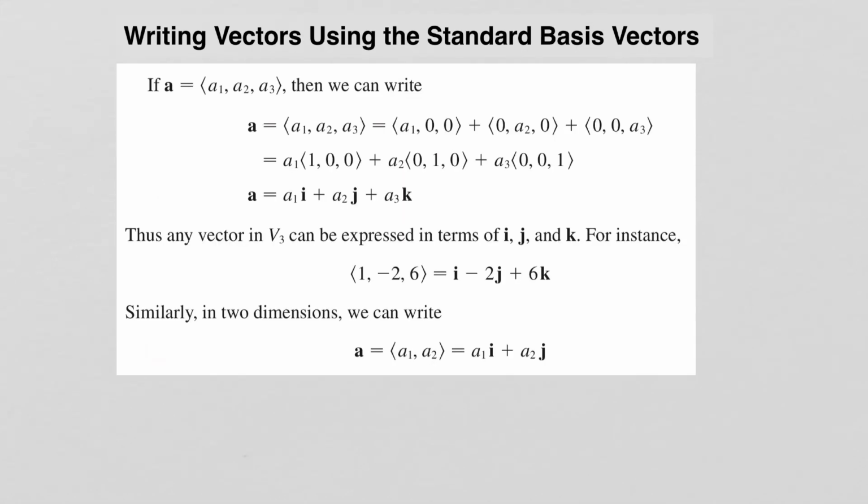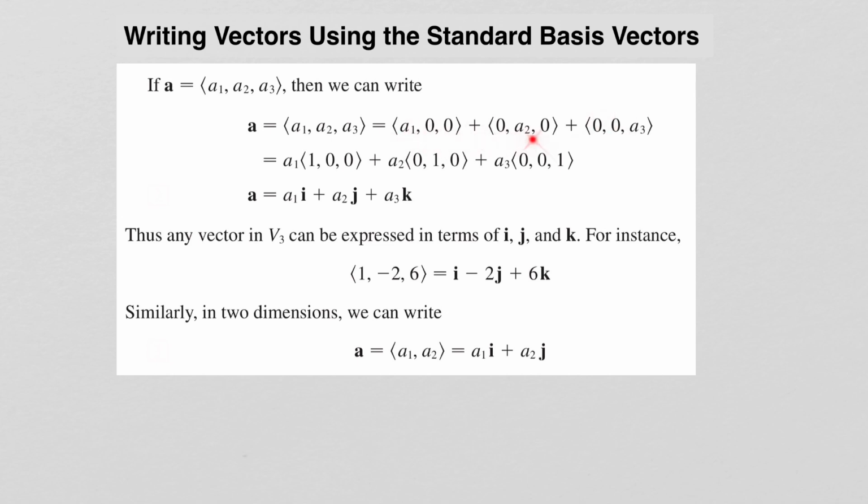The reason the standard basis vectors are important is because any vector can be written using the standard basis vectors. So think for a minute about the vector a, which has components a1, a2, and a3. You can think of that vector as the vector a1, 0, 0, plus the vector 0, a2, 0, plus the vector 0, 0, a3.